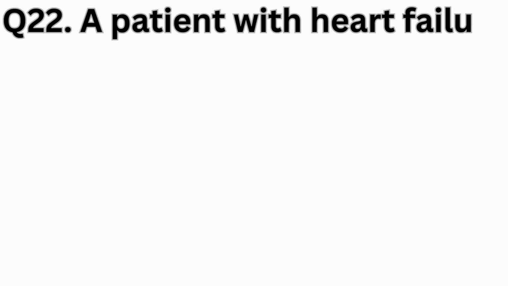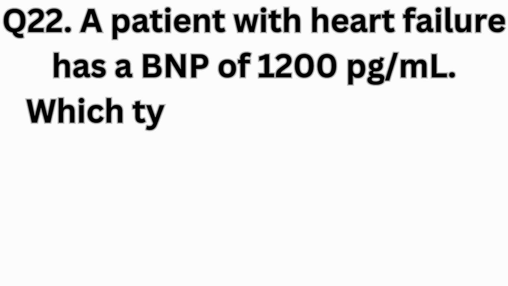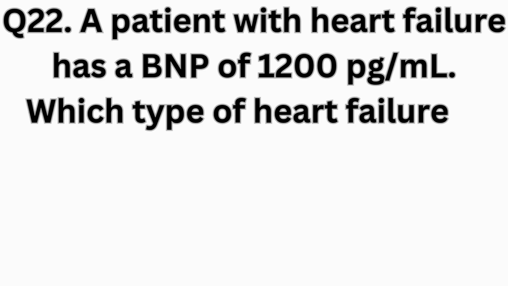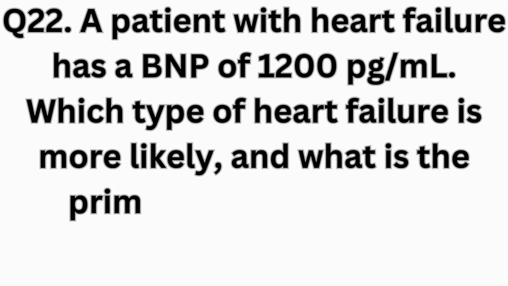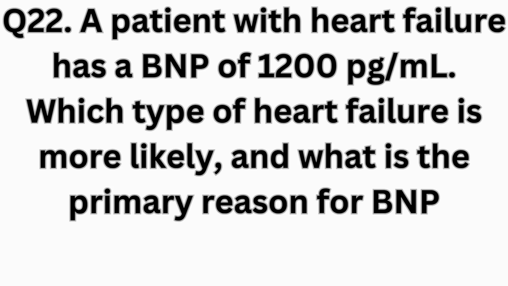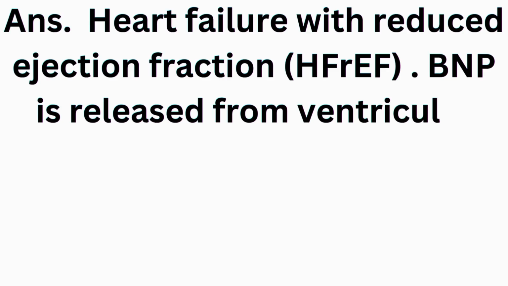Question 22. A patient with heart failure has a BNP of 1,200 pg per ml. Which type of heart failure is more likely? And what is the primary reason for BNP elevation? Pause the video and here comes the answer. So a patient with a BNP of 1,200 pg per ml is more likely to have heart failure with a reduced ejection fraction, HFrEF.